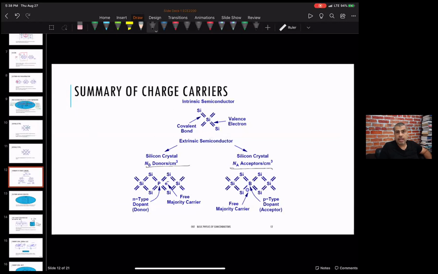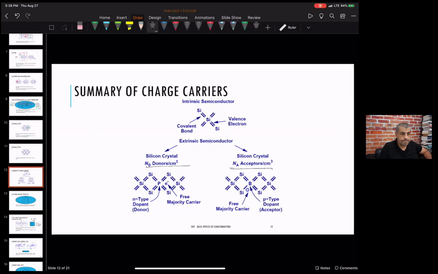But after that, I would just think of it as a positively charged particle, which it isn't, but from a circuit point of view, when we're calculating currents, you can think of it as a positively charged particle in the way it reacts to an electric field. That's pretty much how I look at holes, from a circuit or device standpoint. Any questions?